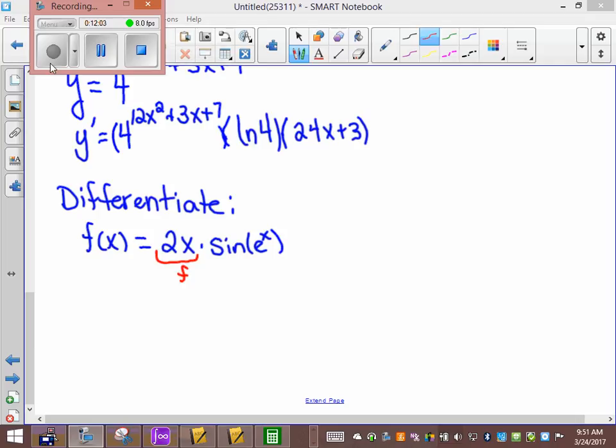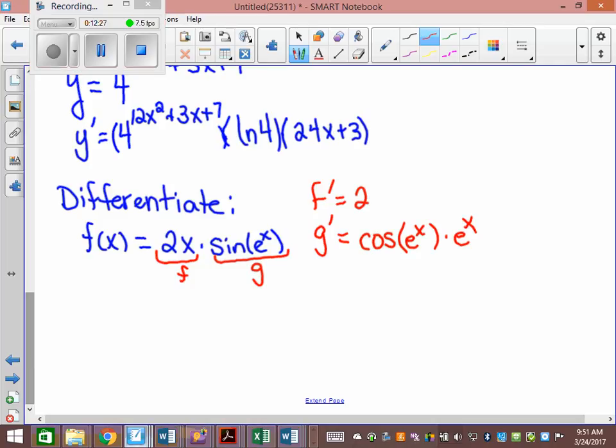F, G. F prime is 2, G prime is the derivative of sine, which is cos. Rewrite the inside bracket. And then you have to do the derivative of the inside, which is e to the x.